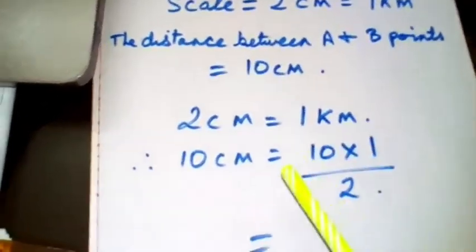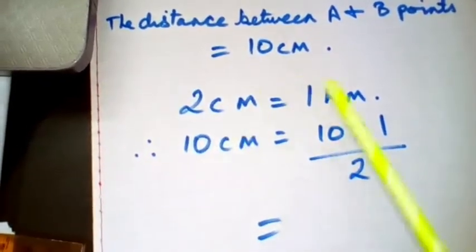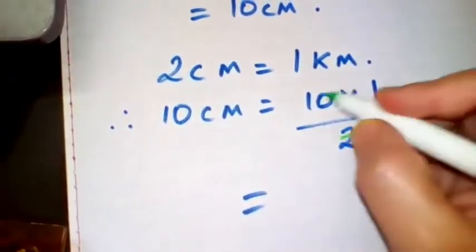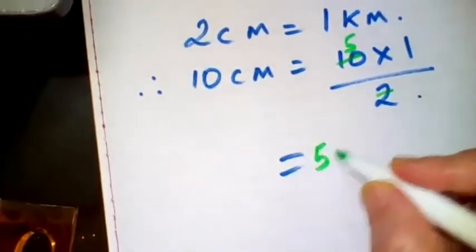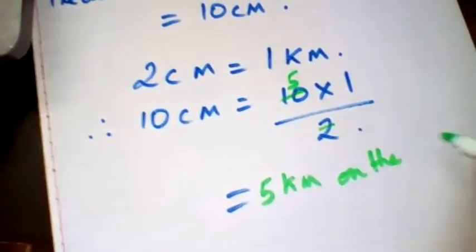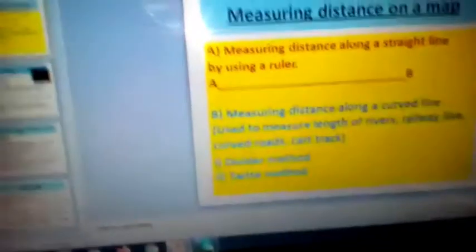So just by using the simple metric system, if 2 centimeter is equal to 1 kilometer, therefore 10 centimeters will be equal to, we're very smart kids, so we can easily understand what we are going to do. 2 divides 10 by 5. So here we'll have the answer 5 kilometers on the ground. Simple enough.